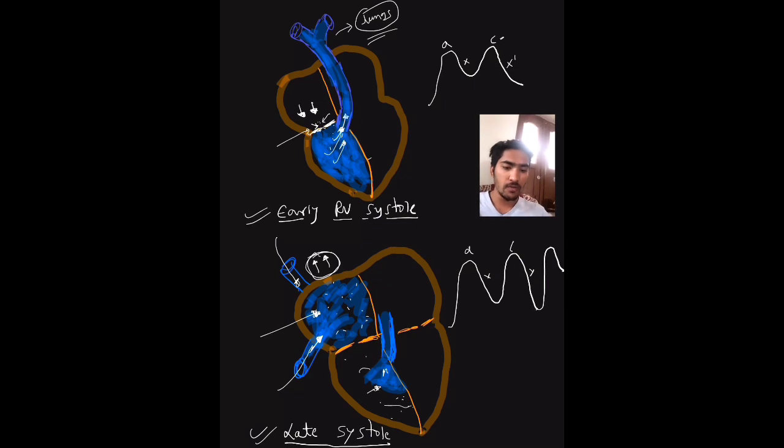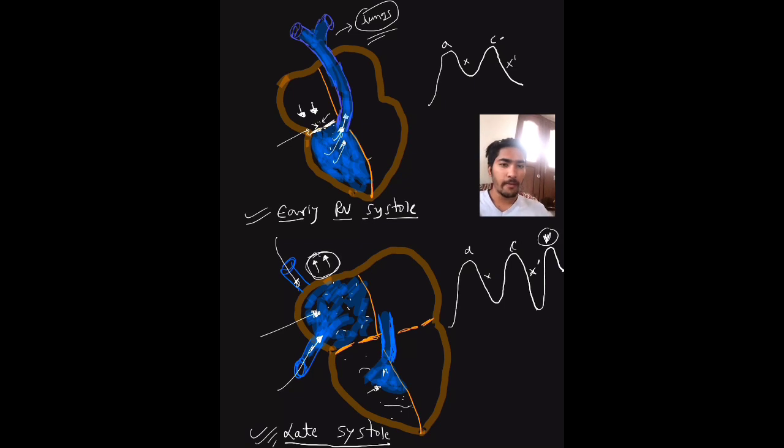This is your positive wave, the V wave. This is your third positive wave, that is due to rapid atrial filling. Atria is getting filled up in the late ventricular systolic phase.